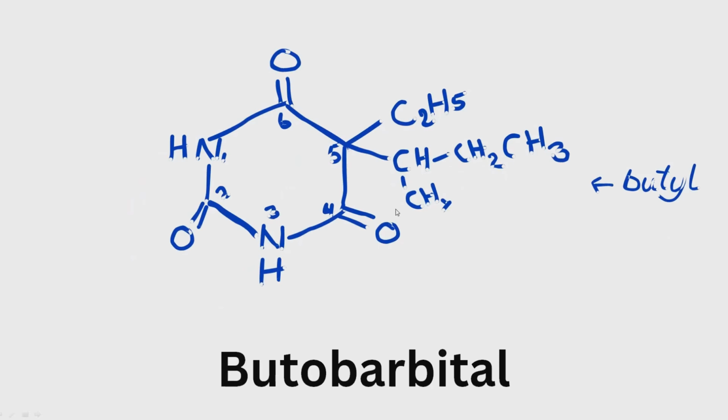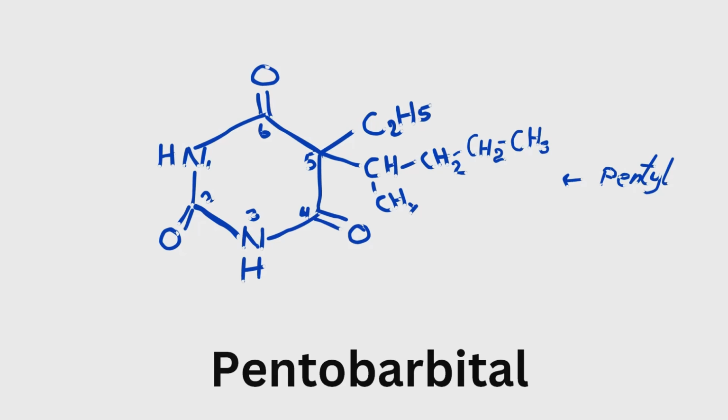Next, butobarbital. Ethyl and butyl structures are there at 5th position. This is 5-ethyl 5-butyl barbituric acid, the butobarbital. Pentobarbital. To the barbituric acid at 5th position, ethyl and pentyl structures are there. This is called pentobarbital.